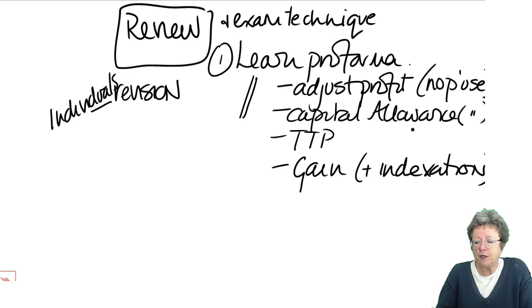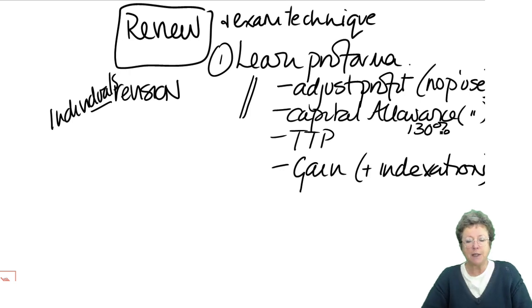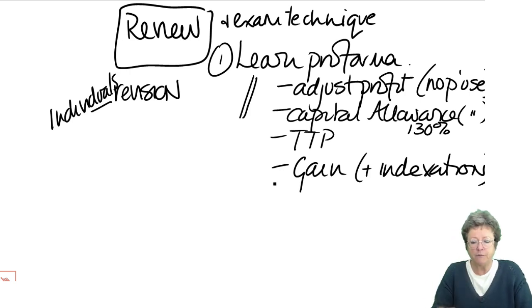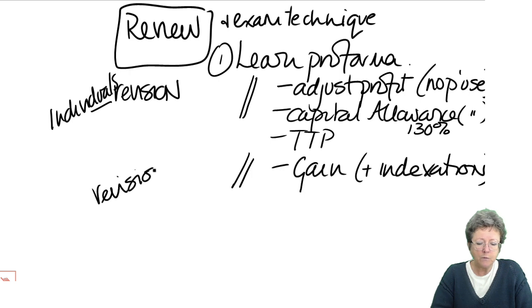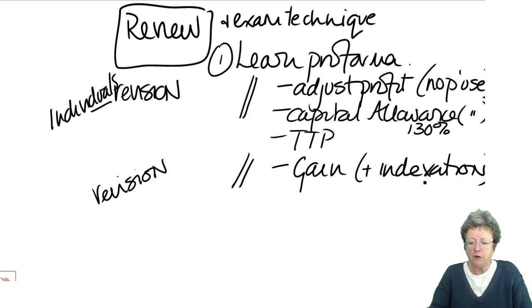There are some extra things, like your 130% super enhanced allowance, and some slight adjustments, but that is revision. This also is revision, because many of the rules are the same for individuals as they are for limited companies.